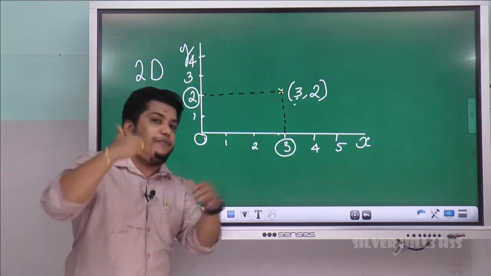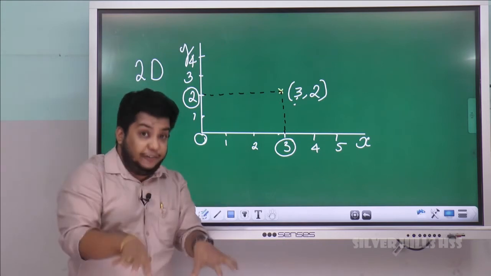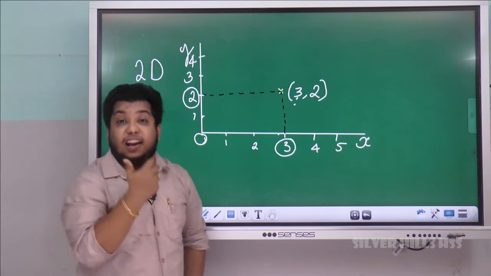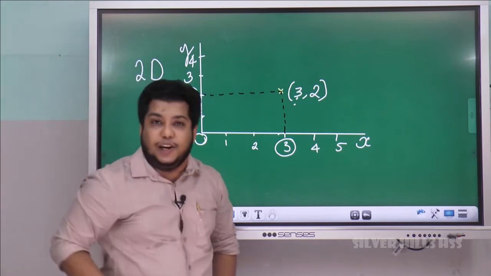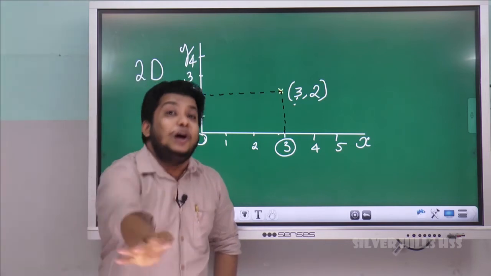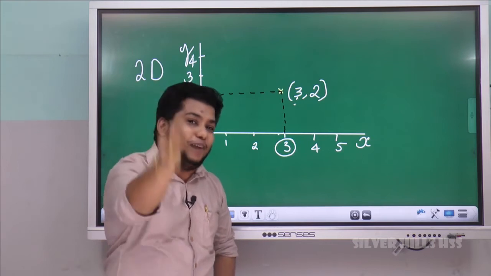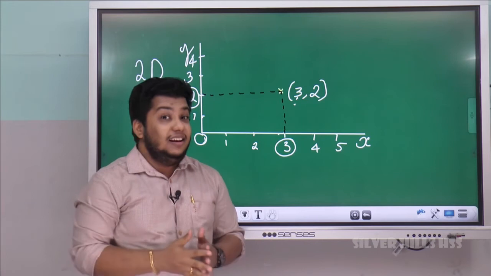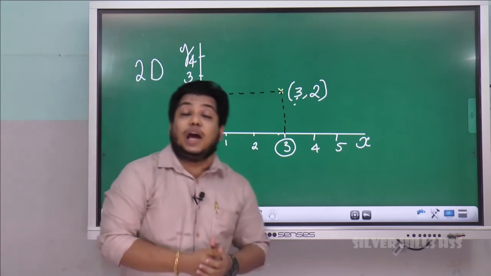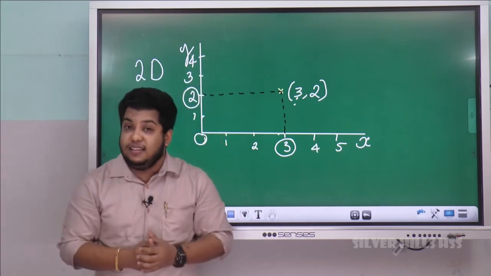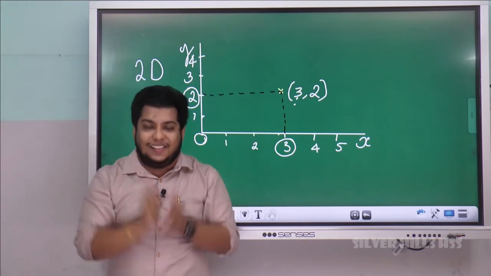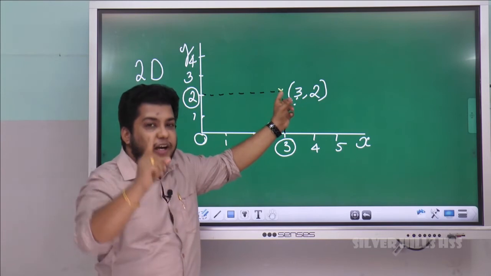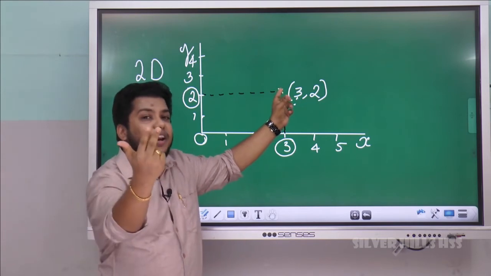Such kind of motions are generally called two-dimensional motion or motion in a plane. Clear? So what do you mean by two-dimensional motion? Those motions in which the position of an object can be specified by using two coordinates.